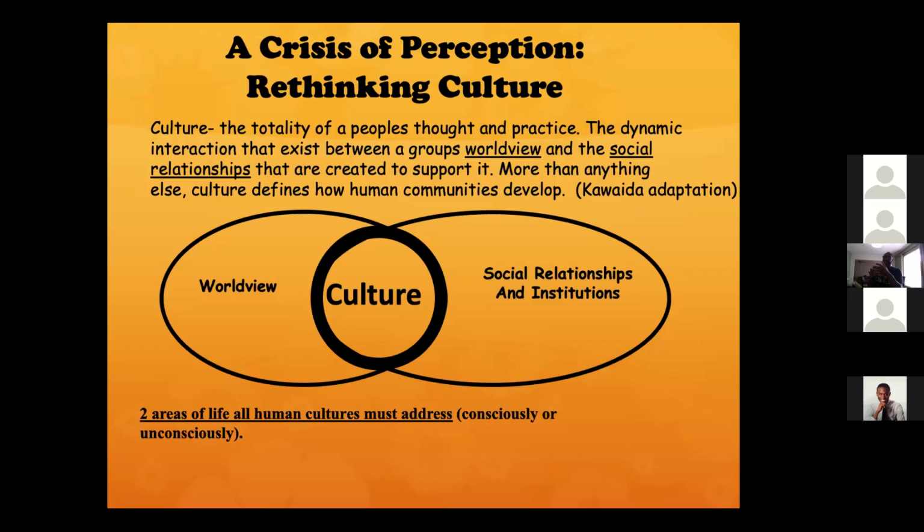and the dynamic interaction that exists between a group's worldview and the social relationships and institutions they create to support that worldview. And institutions are essentially ways that people construct legal codes, buildings, values, ethics to ensure that a given way of behaving, of being, passes down from one generation to the next.